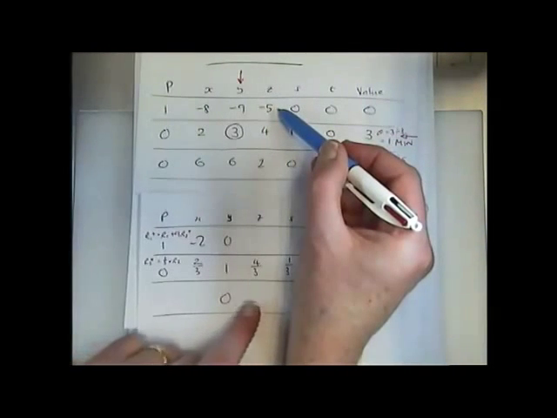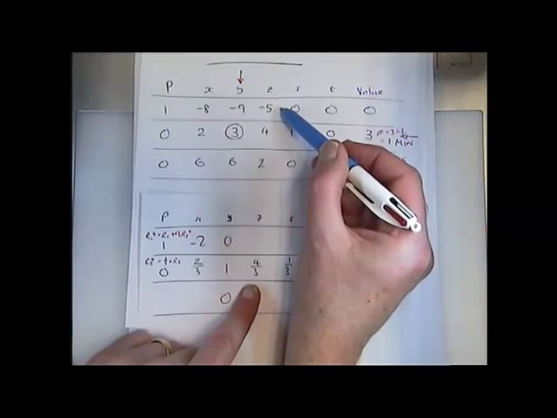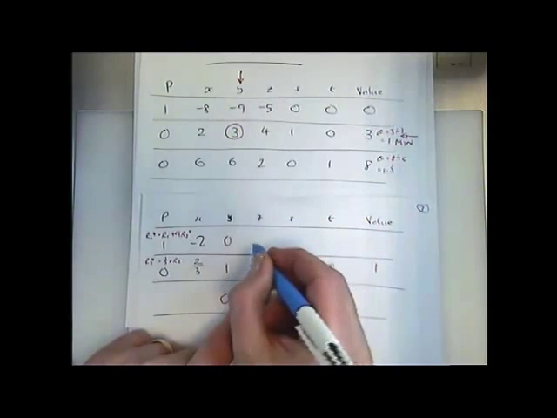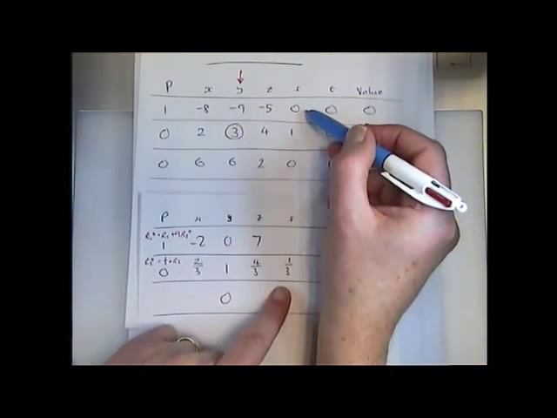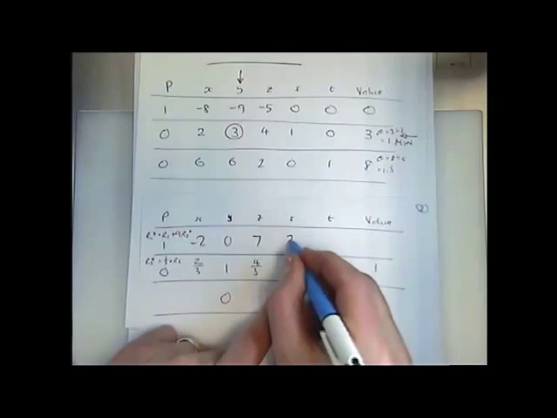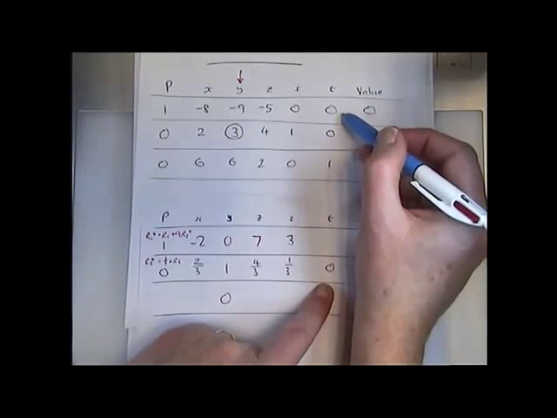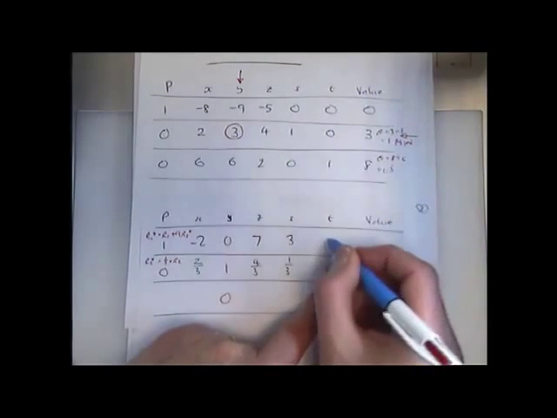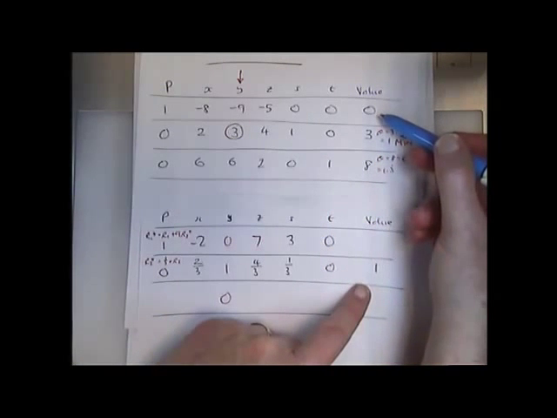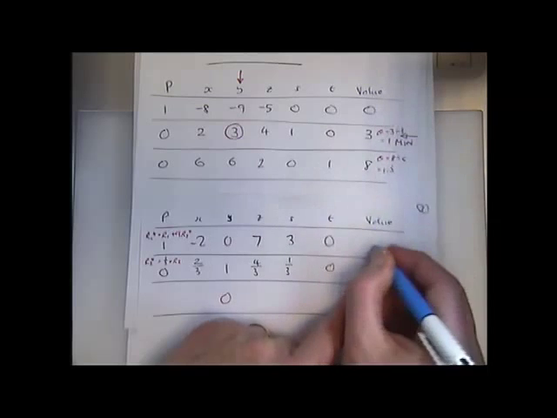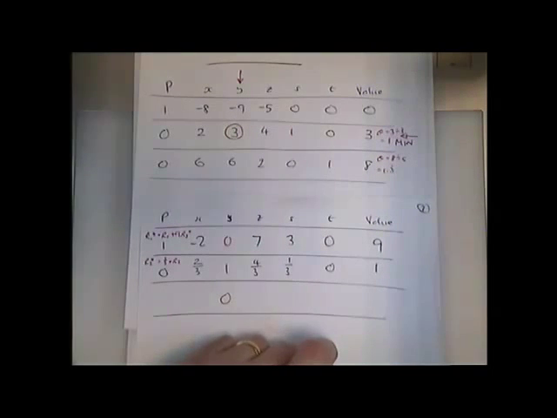Here it's going to be -5 plus 9 times 4/3. 7 is correct. 0 plus 9/3. 3 is correct. 0 plus no thirds. 0 plus 9 ones. And we have that top row done.